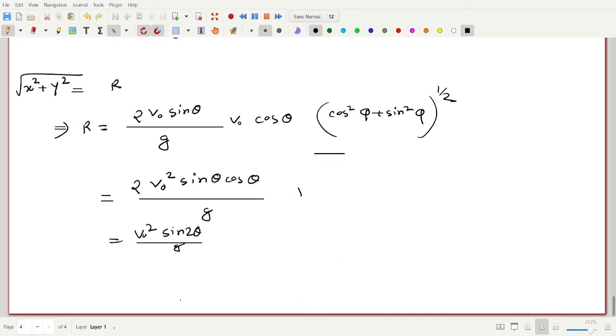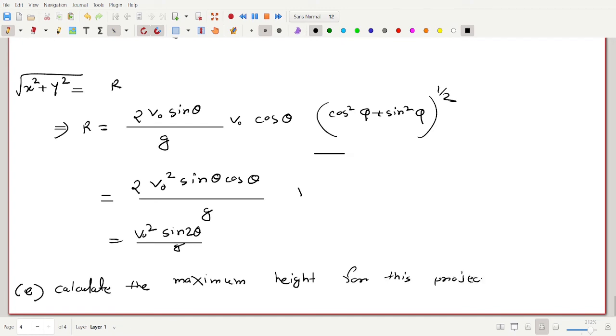So these are the questions, and you can find one more thing: calculate the maximum height for this projectile. So now, is there any question?